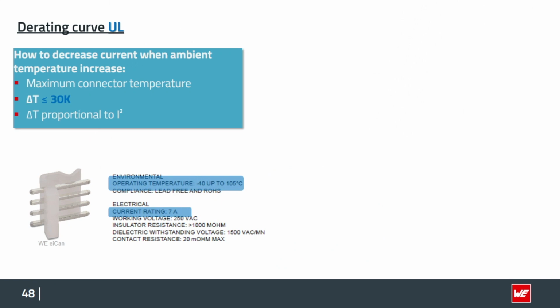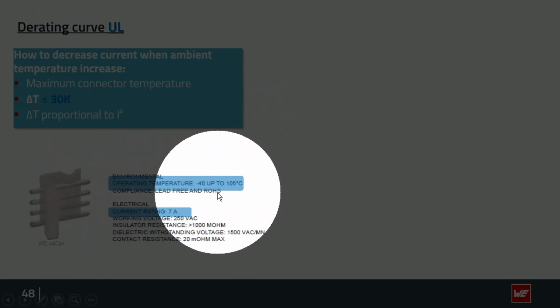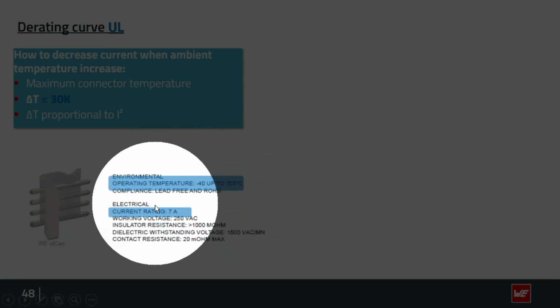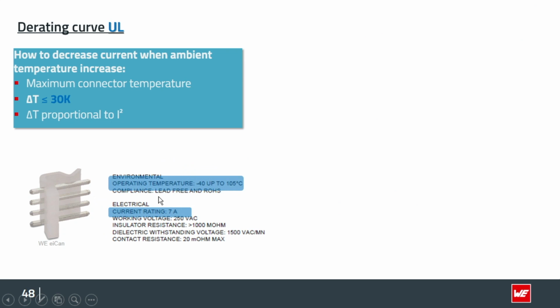And here once again you see an extract of the data sheet where you see that operating temperature is from -40 up to 105 degrees at a current rating of 7 amps. And you remember the question from the beginning, can we really run 7 amps over this kind of connector if it's 105 degrees hot already?